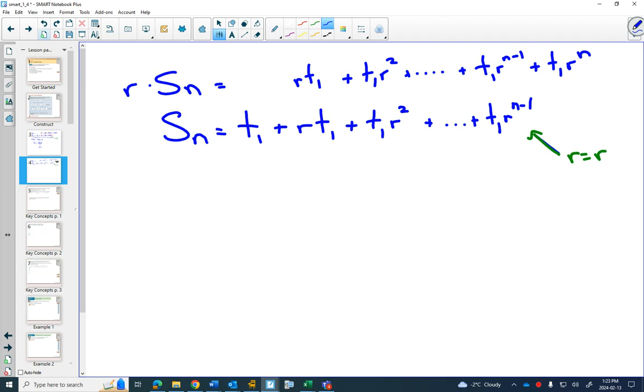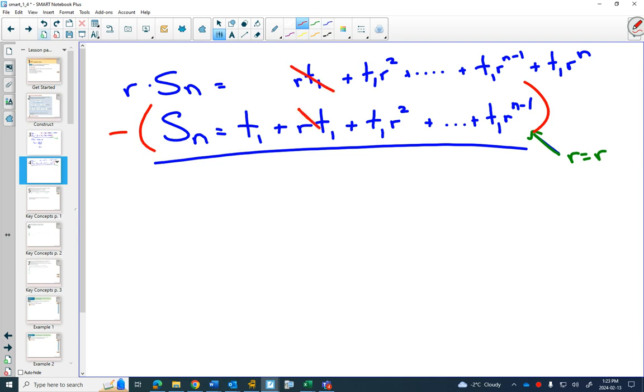And again, if I took this whole thing and I subtracted, you would see that all of these middle ones would cancel out. And r of them minus 1 of them would give me r minus 1 of them.